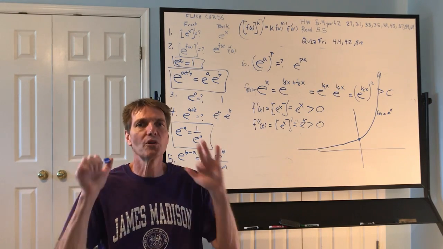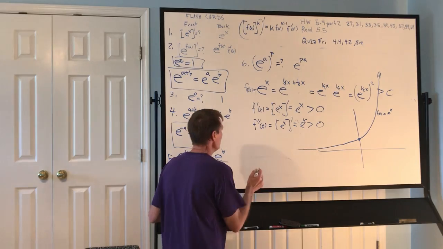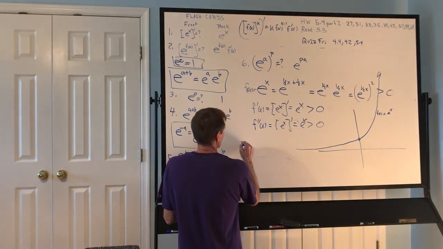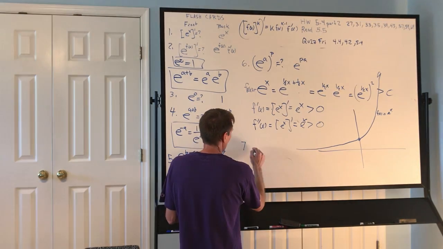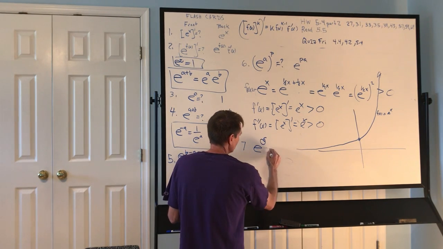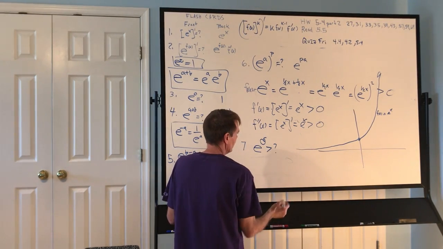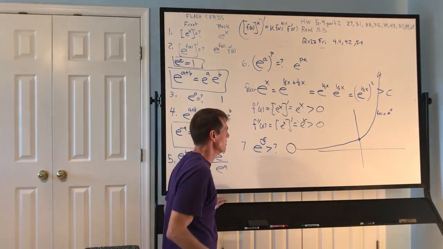Okay, now we're going to use the fact that e raised to anything. My 7th flashcard is e raised to the apple is always greater than what? And on the back, I want you to put 0.